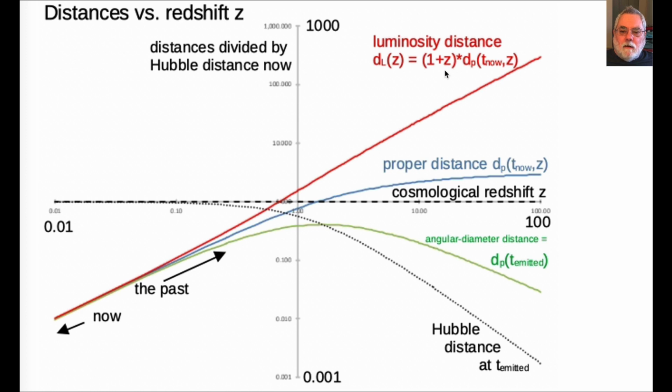If the first stars began at z equal 50, their luminosity distance is 51 times their present proper distance from us, and their angular diameter distance is 0.02 times their present proper distance from us. The starlight is redshifted by a factor of 50, so infrared.